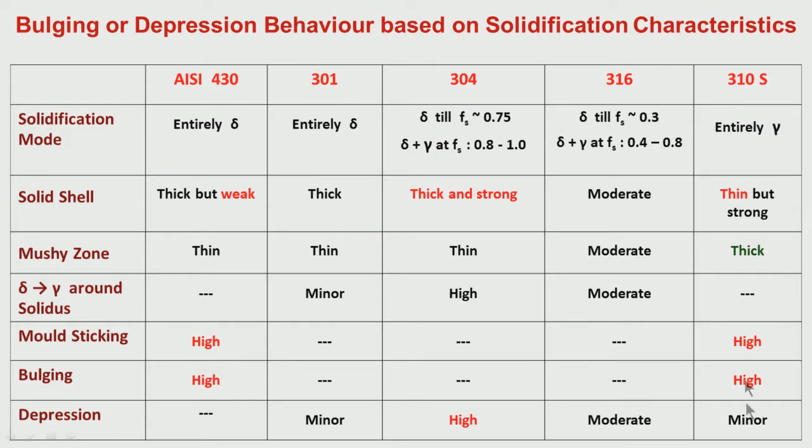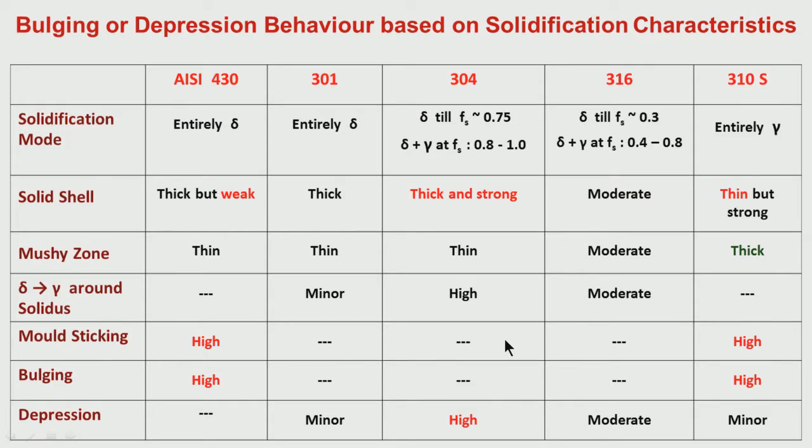So, you try to understand the solidification behavior, and consequent to that whether there will be bulging, whether there will be depression, what chemistry will have depression, what chemistry will have bulging. I have mentioned that for plain carbon and low alloy steels, the chemistry around 0.1% carbon or carbon equivalent has depression.